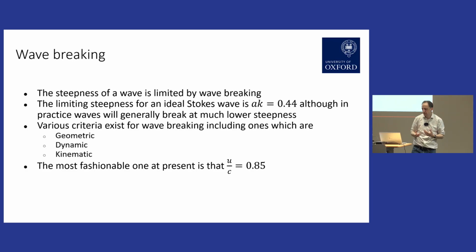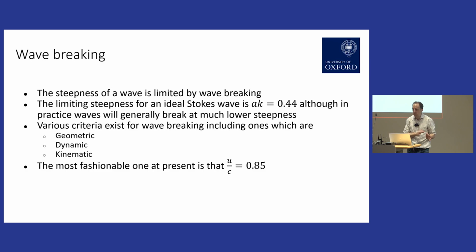At present, we tend to assume that if the horizontal velocity of the particles divided by the speed of the wave itself is greater than 0.85, that means our wave is going to break. That seems to be a pretty robust criterion, but still most of the work has gone on in unidirectional waves.